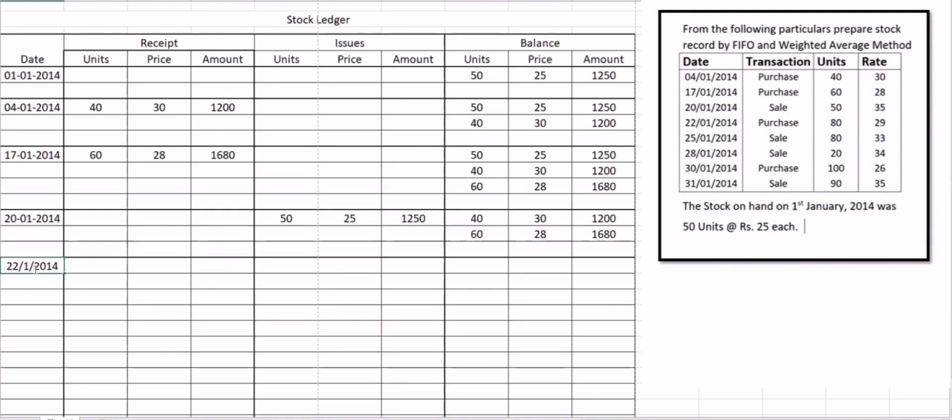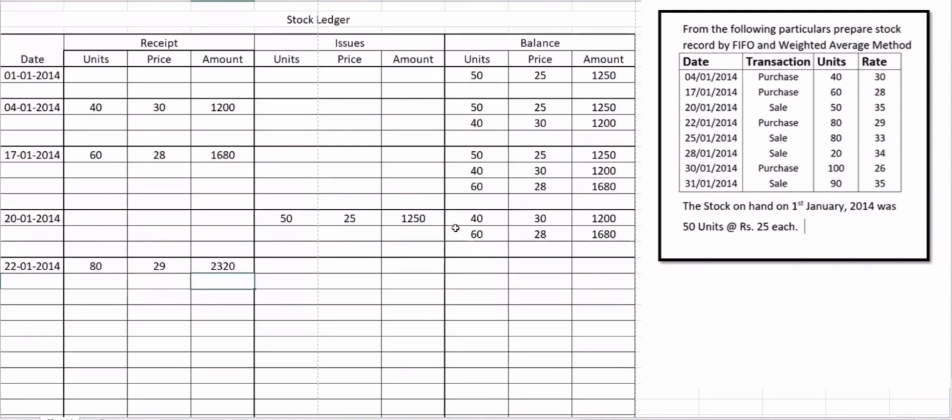How many units have we bought? 80 units at the rate of 29 per unit. So for that, what amount have we paid? 80 multiplied by 29. So we have paid 2320. Now at the end of this day, how much stock will we be having in our godown?